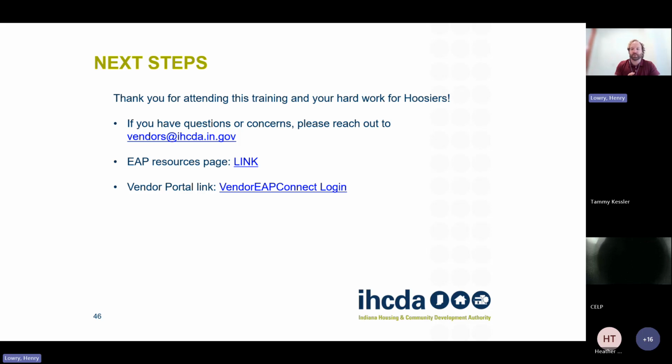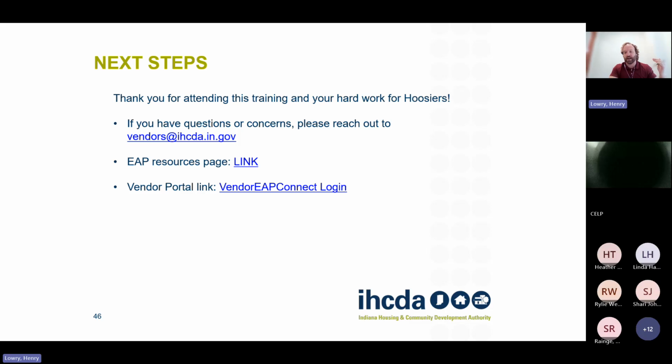Outside of the moratorium timeframe, what we're asking is that if you have a client with a shutoff notice, for example, who applies for EAP, there's no way for you to know that. But because that client has a shutoff notice, they're considered a crisis client, which means they get an elevated status to get their application reviewed. So either you'll be hearing from the client or from the agency that they've applied.